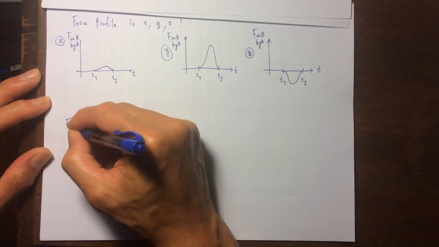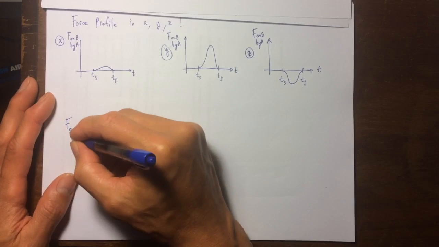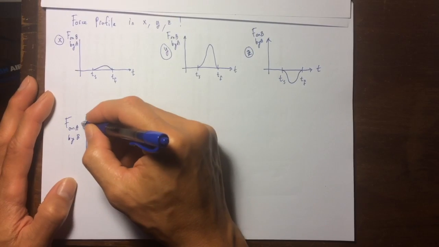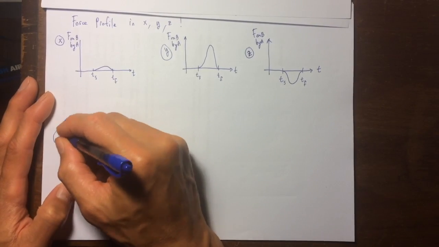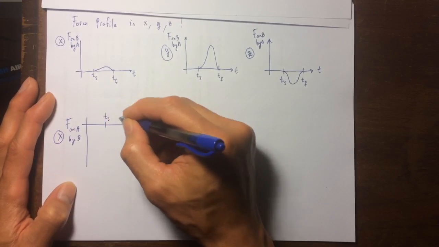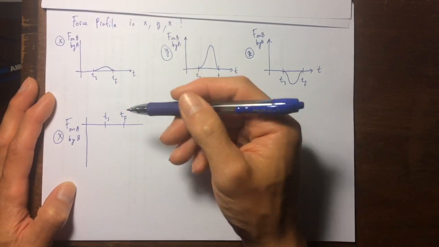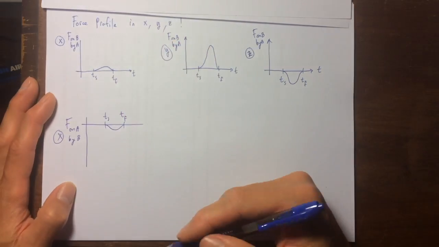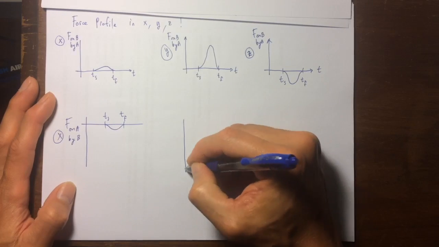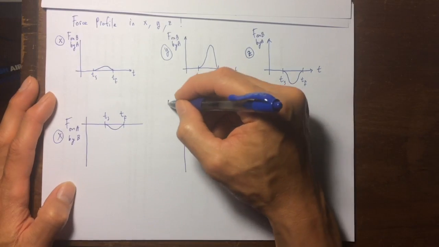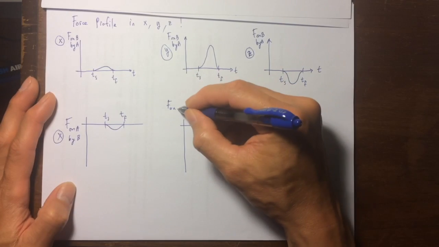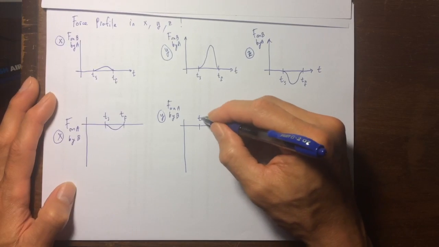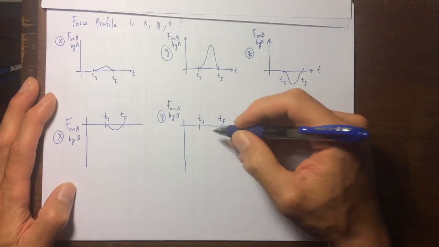It goes without saying, but by Newton's third law, in the X direction, T start and T final are the same moments in time, and you just get the same force profile, just upside down. Likewise, this is the force on A by B in the Y direction, T start, T final.